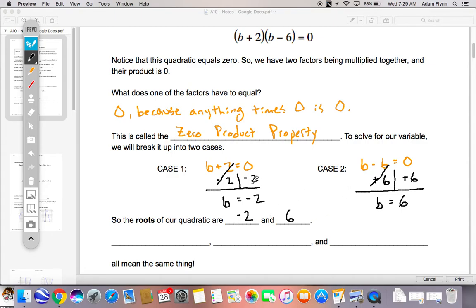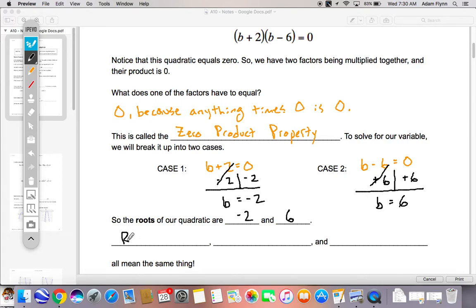Okay? So to find roots, all we have to do is make sure our polynomial is in factored form. In this case, we'll be dealing with quadratics. And we will take our factors and set them equal to 0. So there are a few words that I'll use interchangeably throughout the standard.